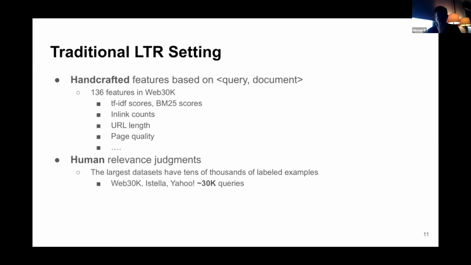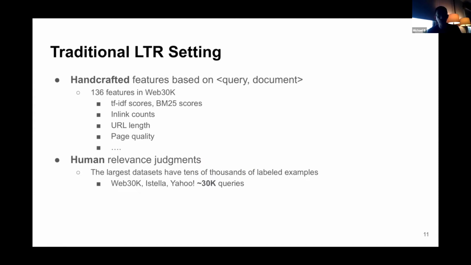One thing to talk about with learning to rank is that traditionally it's been the standard machine learning approach, where you take handcrafted features. You handcraft them based on query-document pairs, based on TF-IDF scores, URL length, PageRank, page quality, and so on.